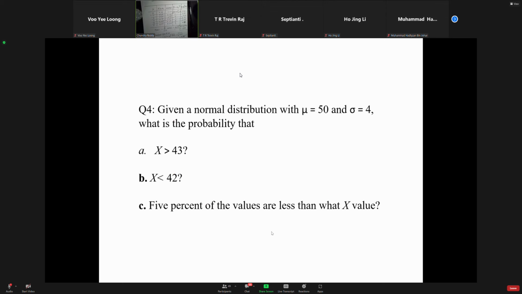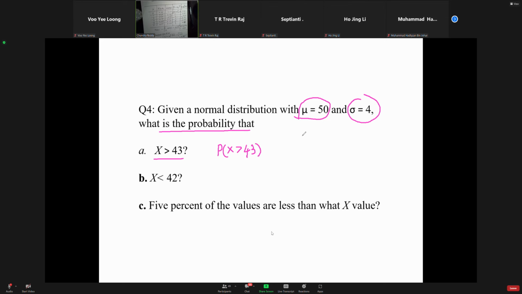Now look at this question. Given the normal distribution with mu, the population mean, as 50 and the population standard deviation as 4, you are asked to find the probability that X is greater than 43. So how can you calculate this?